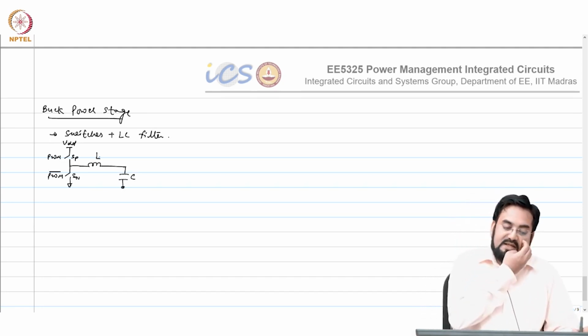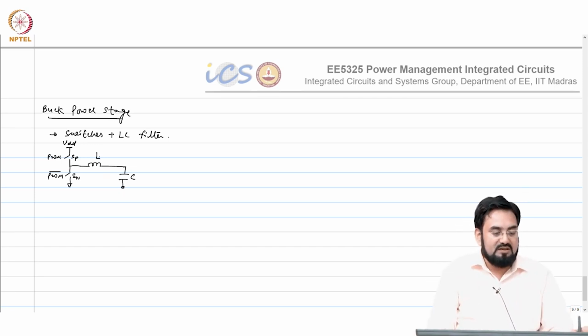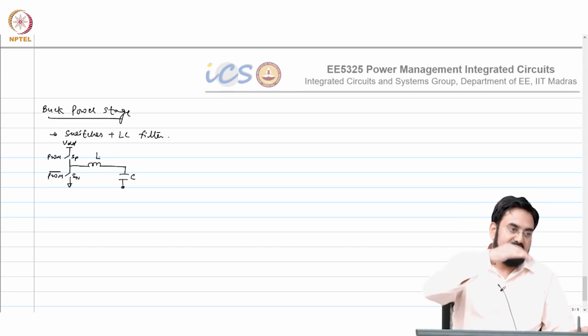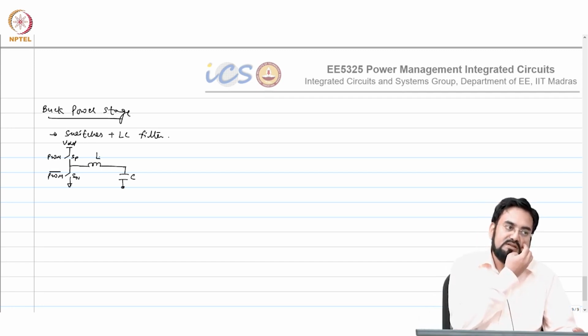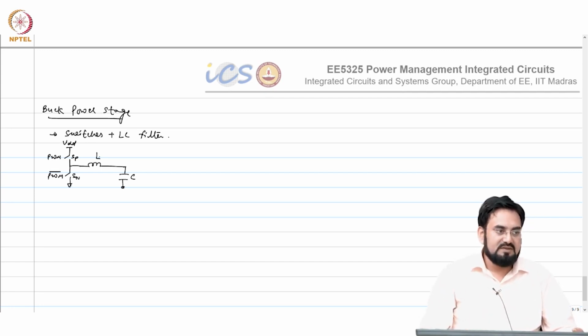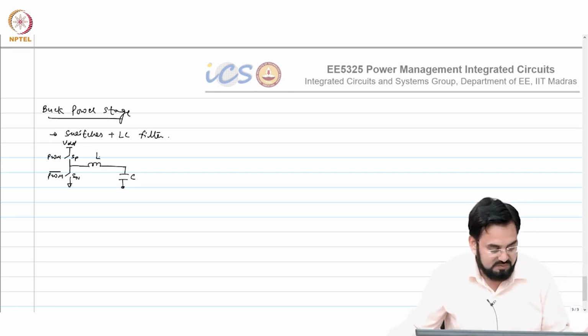When PWM is high, switch SP will turn on and your inductor current will rise, and when SN is on and SP is off, inductor current will fall with the slope of voltage across the inductor divided by L. And that's what will define your V out.